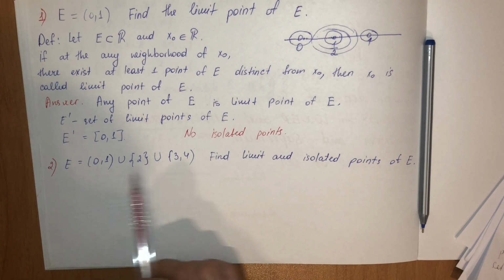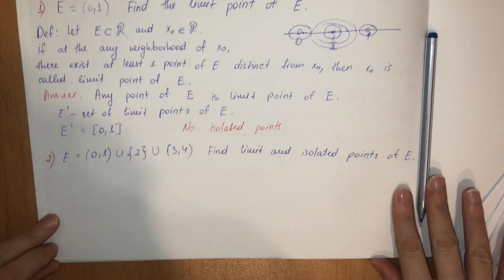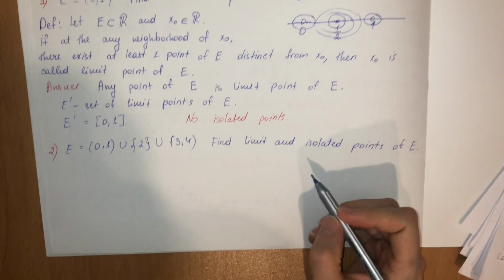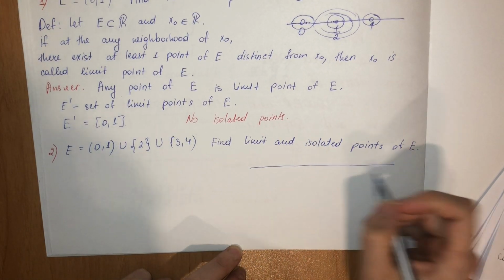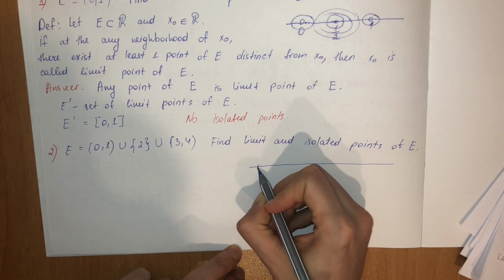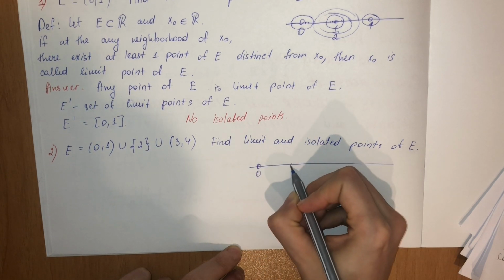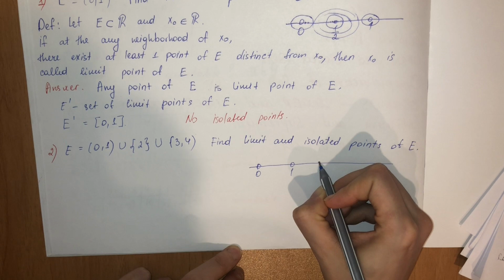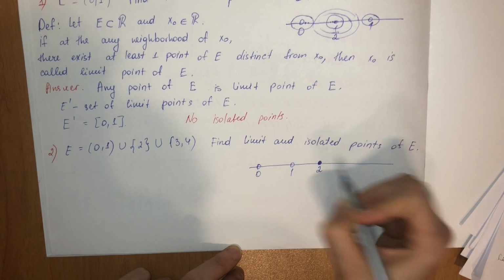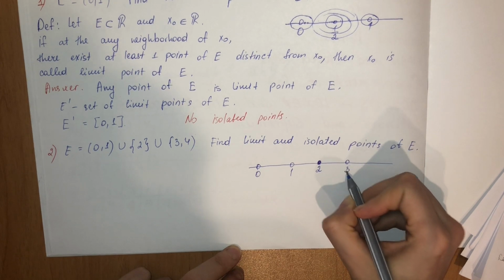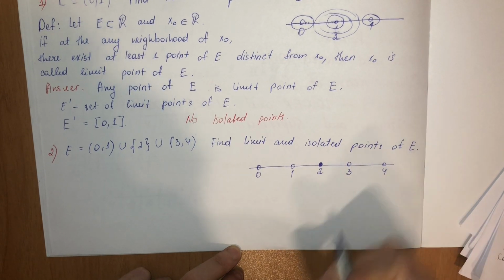Let's solve this exercise. This is our real number line and our set (0, 1), 2, and (3, 4).